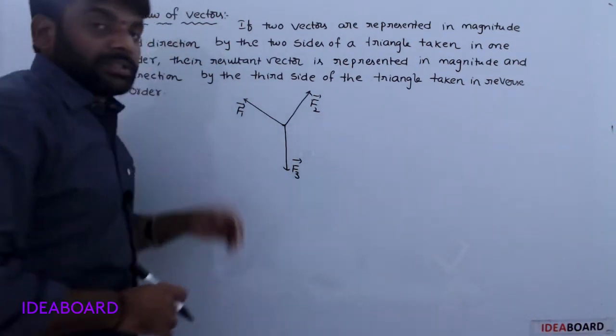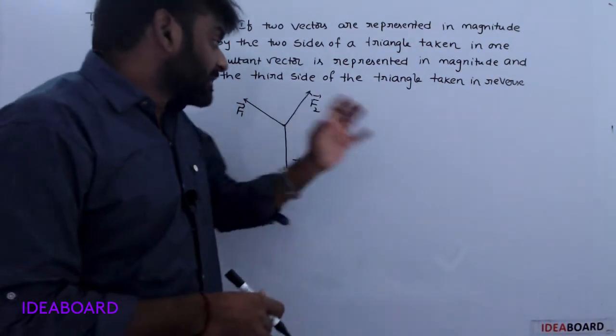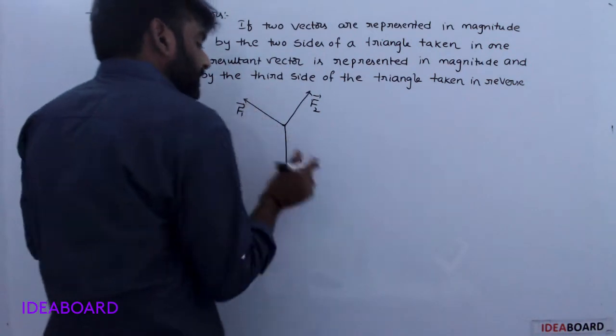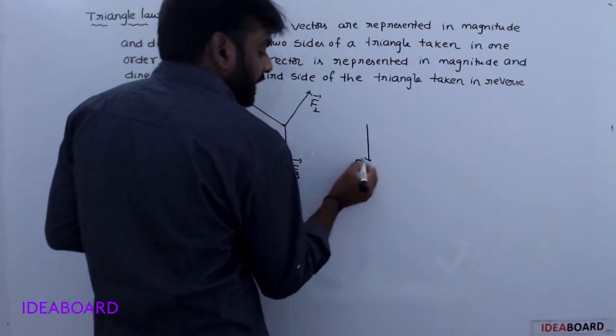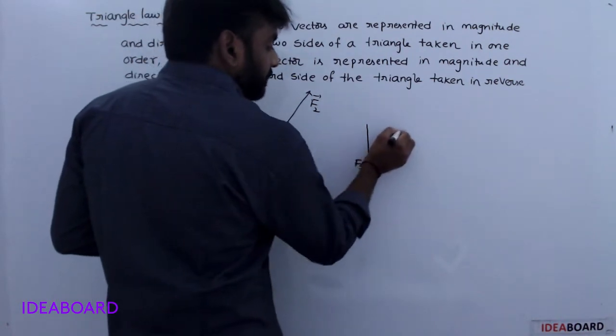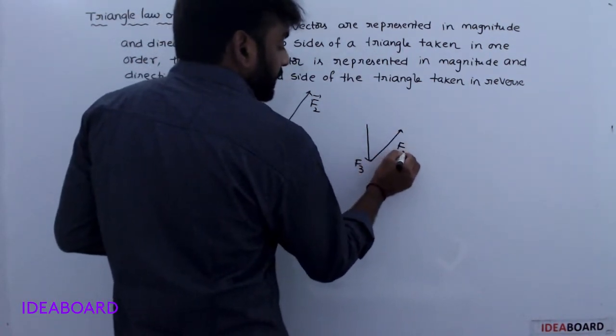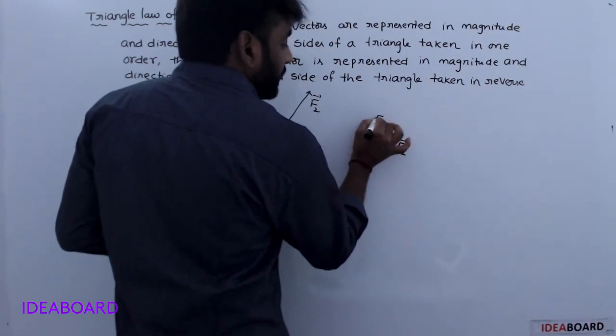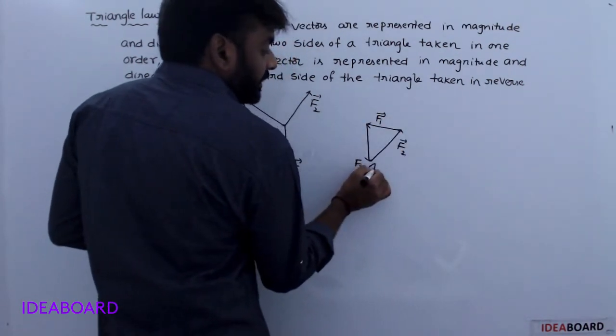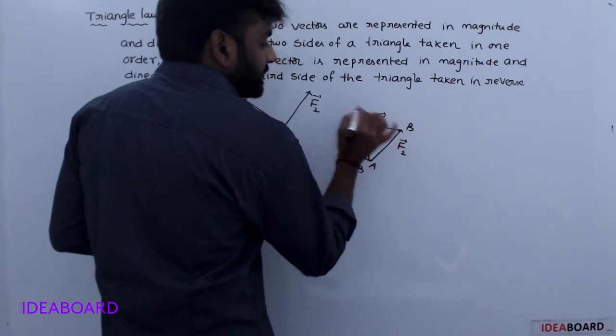These three forces are represented by the sides of the triangle. First of all, F3 acts downwards. Next, this one F2 bar, and this one F1 bar, with vertices A, B, C.